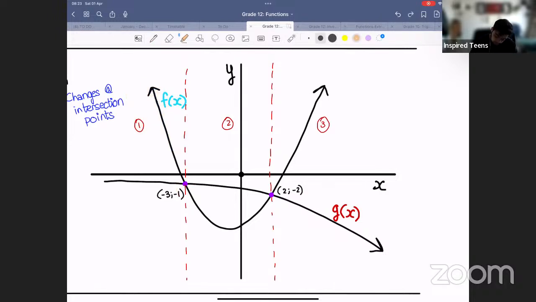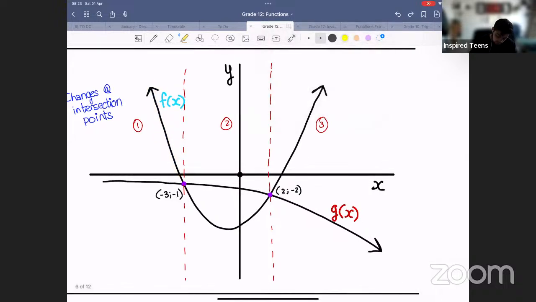So when we look before the first intersection, and we consider f of x and we consider g of x, which one is above in this interval? Which one is above the other? Is f of x above or is g of x above?